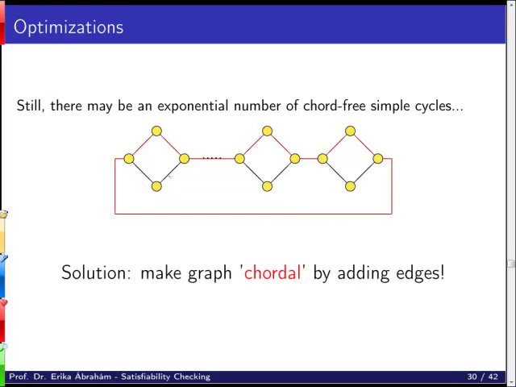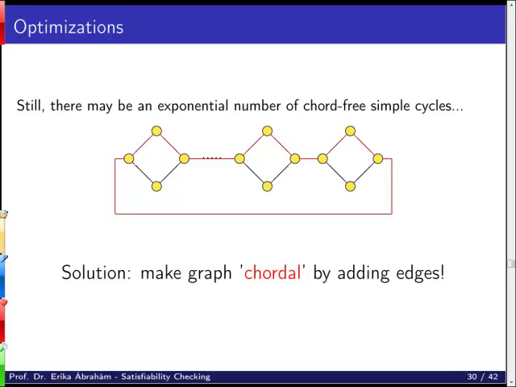So what we do is we can nevertheless also in these cases reduce the complexity by adding chords. That means I add new edges to my equality graph. I cannot destroy anything by adding new edges, because I just allow more.